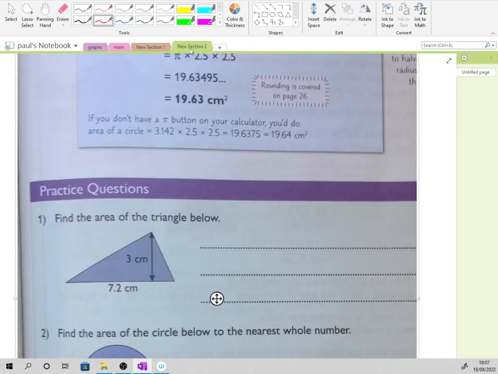I've got one question on triangles here. Find the area of the triangle below. And you see they've got the vertical height. So the area equals half the base times the height, which is a half times 7.2 times 3. Now, if you're going to bang this into the calculator, know that a half is 0.5.